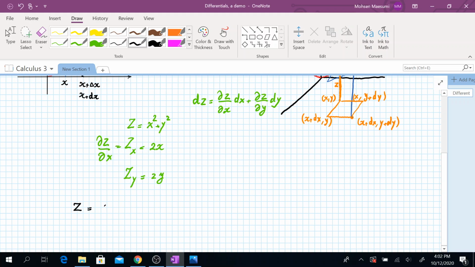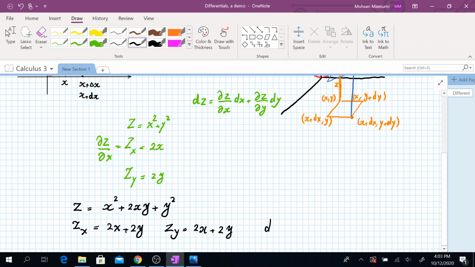Suppose I have, say, x squared plus 2xy plus y squared. So in this case, z sub x will be 2x plus 2y. z sub y will be 2x and again 2y.